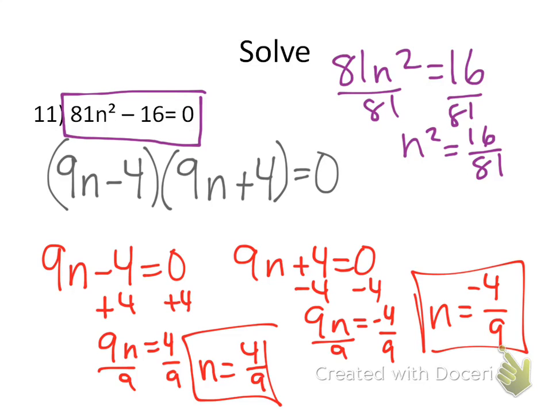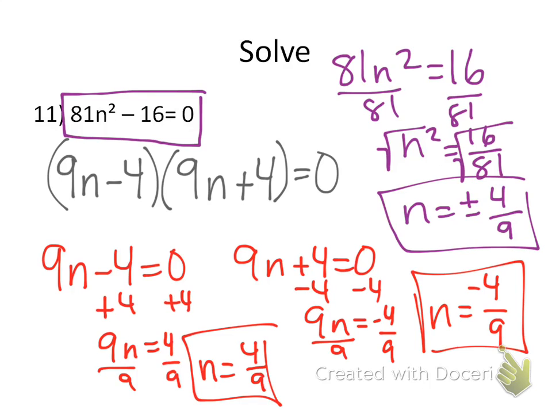And then we take the square root. And remember, anytime you take the square root, you have to put a plus and minus. The square root of 16 is 4. The square root of 81 is 9. So look, two methods to solve the same problem, and we get the same answer. So just put plus or minus. Awesome. Yep, if you want to put plus or minus 4/9, that is completely fine.